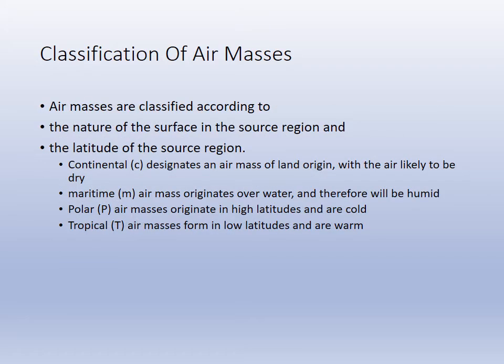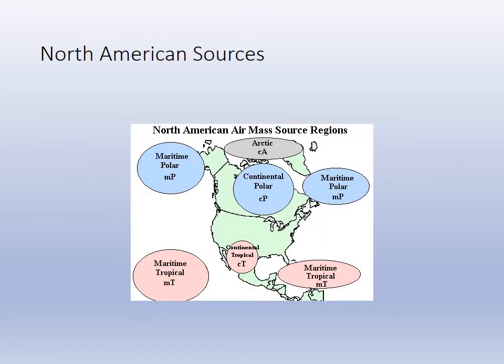Air masses, again, are classified by where they form, and I mentioned continental, maritime, polar, and tropical. This map shows you the location of where each type of air mass is formed and the symbol associated with each type of air mass.